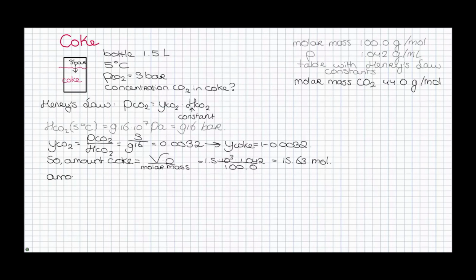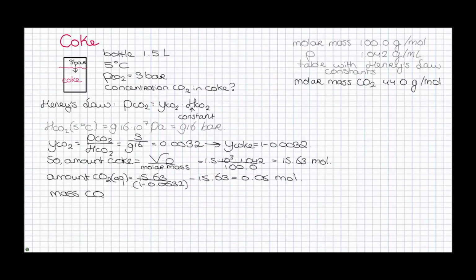With this information, we can calculate the amount of moles of the carbon dioxide by dividing the amount of moles of Coke by 1 minus 0.0032, minus the amount of moles of Coke. This gives us 0.05 moles carbon dioxide.